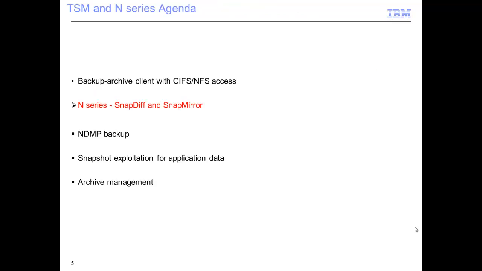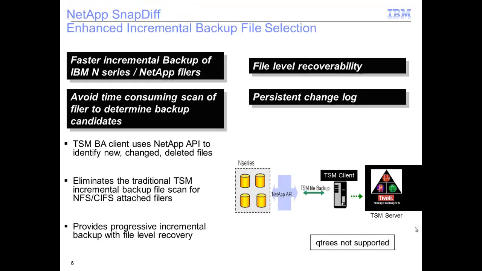Let's take a look at how, if you're utilizing an N Series or NetAPP device, we can use the NetAPP SnapDiff capability to do a very efficient backup of the information residing on those N Series or NetAPP devices. The NetAPP SnapDiff is an incremental backup that only works with the IBM N Series or the NetAPP filers.